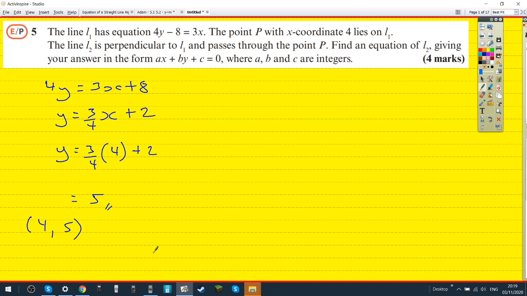If you do that, you'll just get 5 equals 5. We want the equation of a line that is perpendicular to this one and goes through 4, 5. So do we need the reciprocal of the gradient?